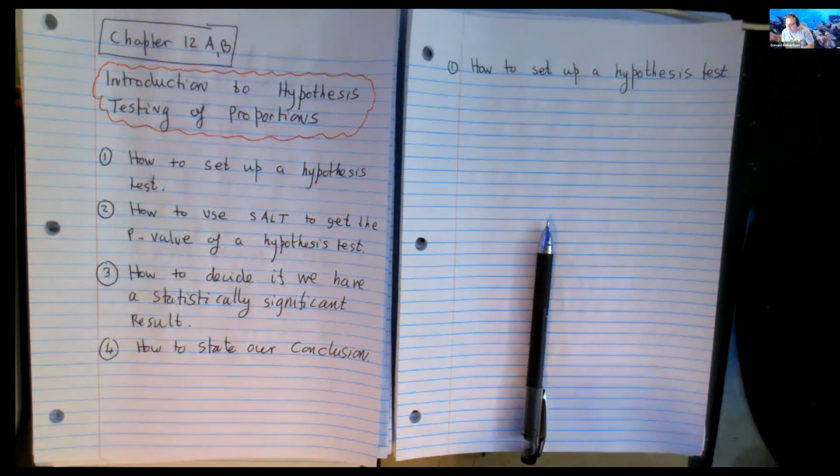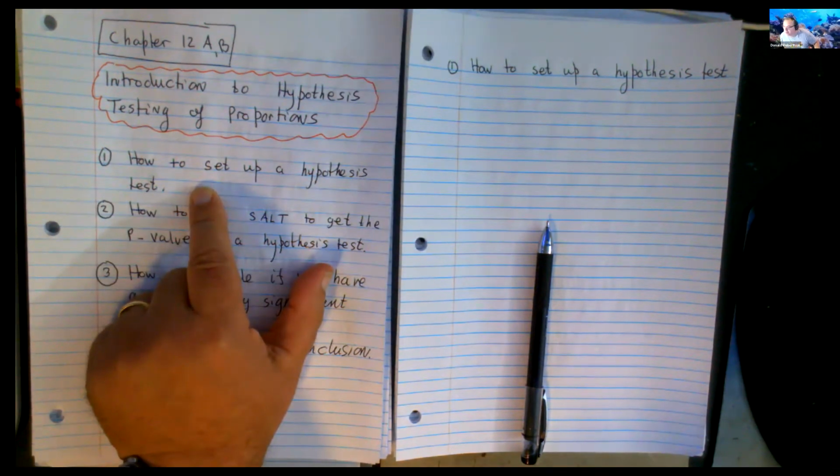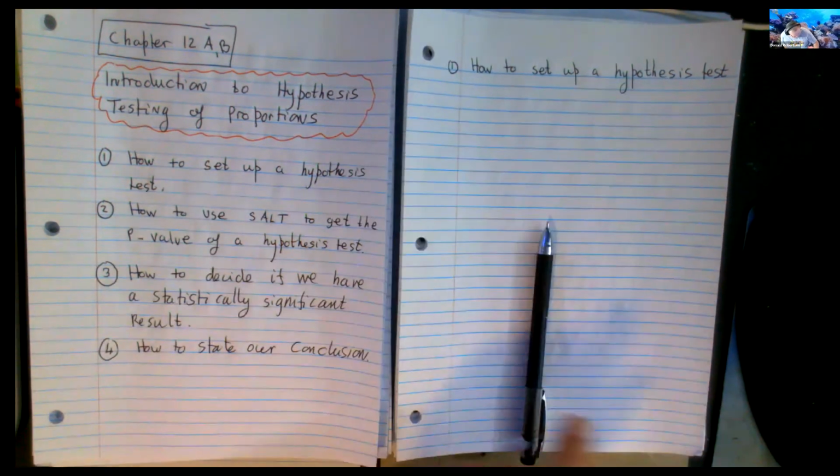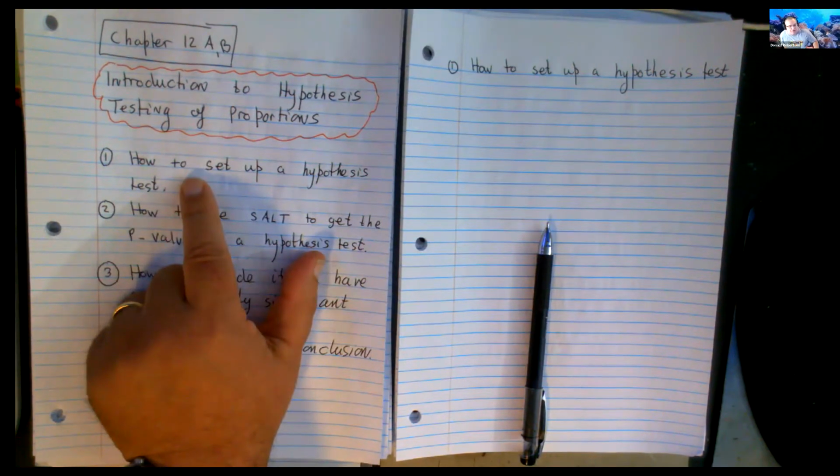It's like everybody got together and said, yep, we've all agreed. If you don't do it this way, we're not going to look at your information because we don't know what you've been up to. So we're going to be setting up what's called the hypothesis test. That's the first thing we're going to do. That's very formal and very important that we do this precisely.